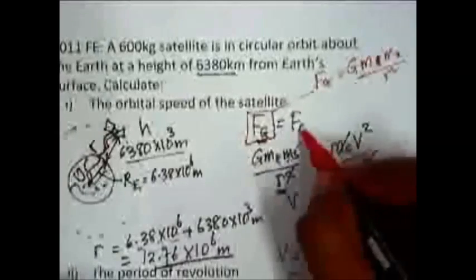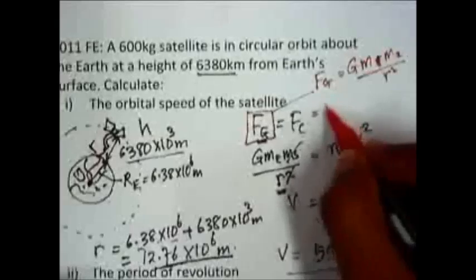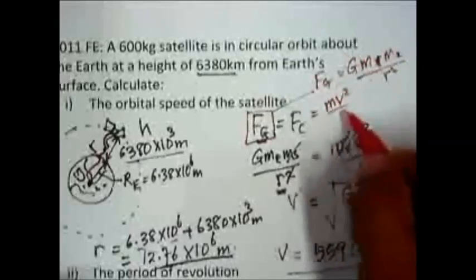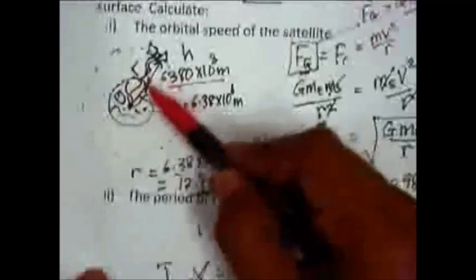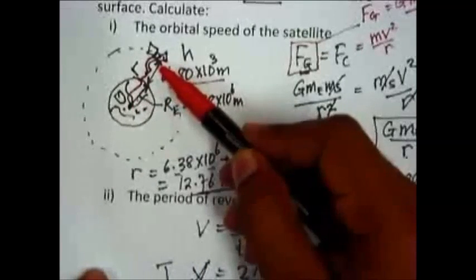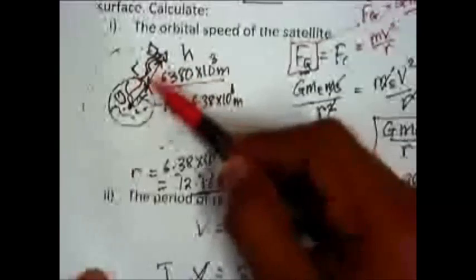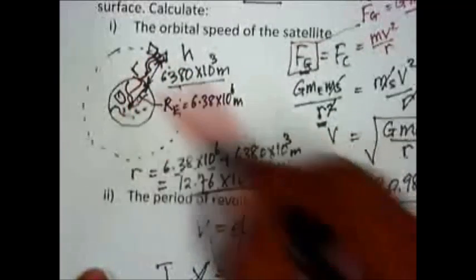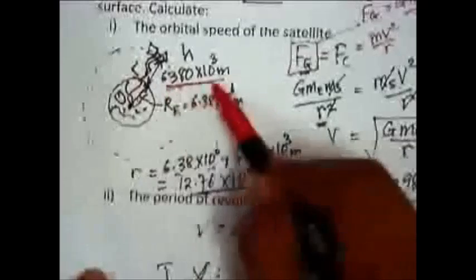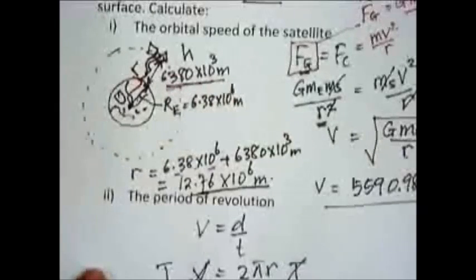You should know Fc, centripetal force, is mv squared over r. And if it gives you a certain height above the Earth, you need to add that height together with the radius of the Earth. Don't just use the height to do your calculation, otherwise your answer will become wrong.